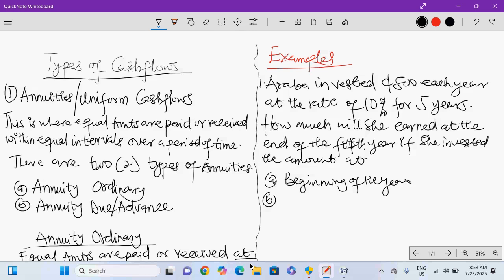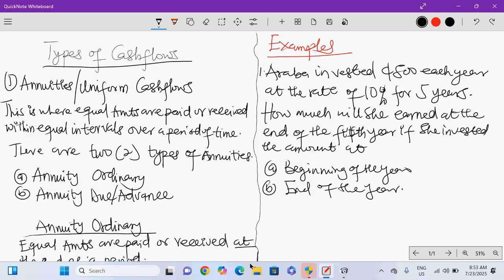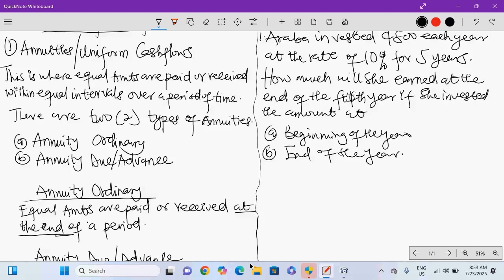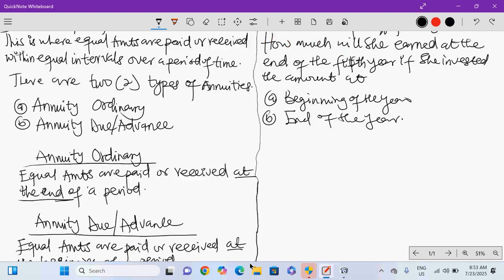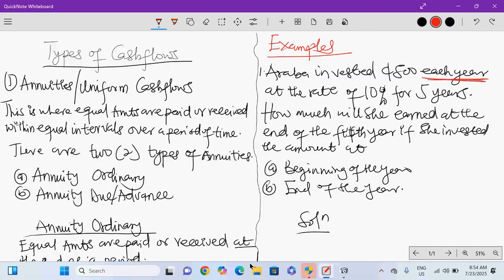Right. So this is the question. Araba invested 500 cedis each year at a rate of 10%. So what makes this question an annuity question? The words "each year" make it an annuity question, because you are investing at a regular interval, every year.